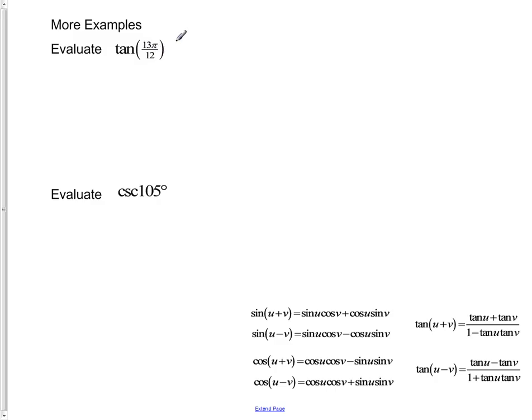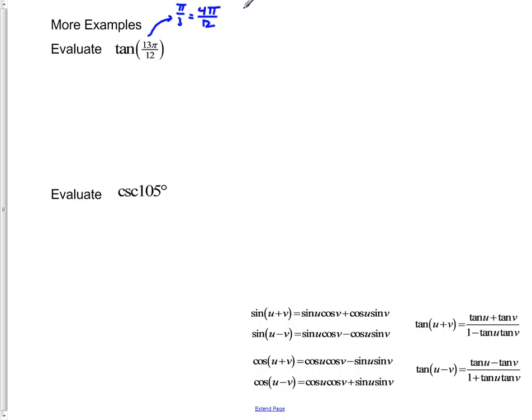And I'll point out, one way of thinking about this pi over 12 business is to note that the angles that involve pi over 12 are sometimes sums of pi over 4 or pi over 3 or some sort of combination like that. Let's see, what do we have? We know that, for example, pi over 3 is equivalent to 4 pi over 12.